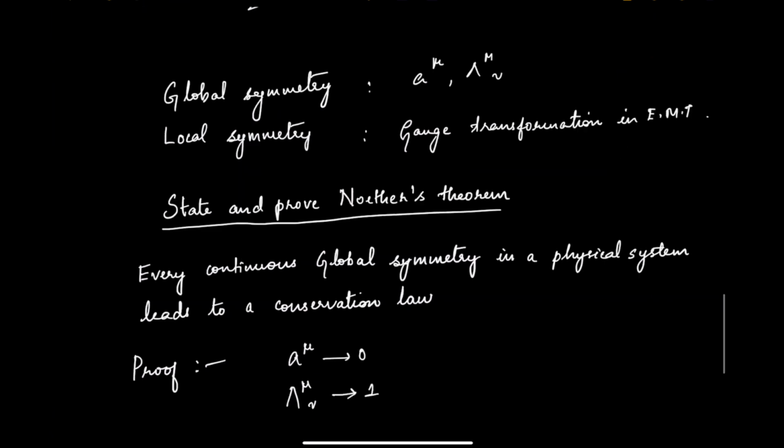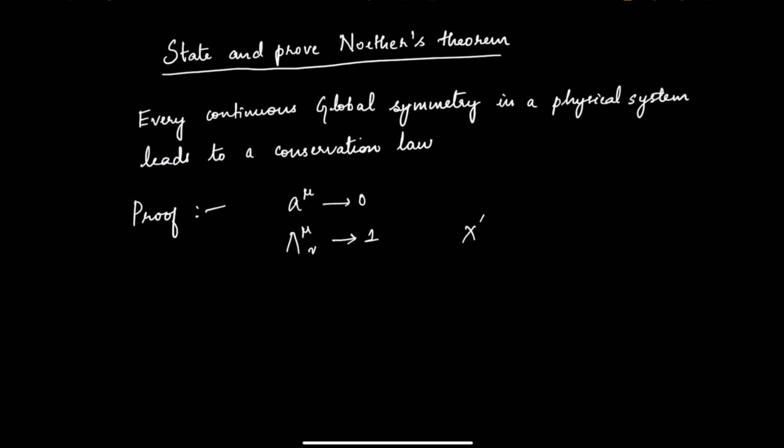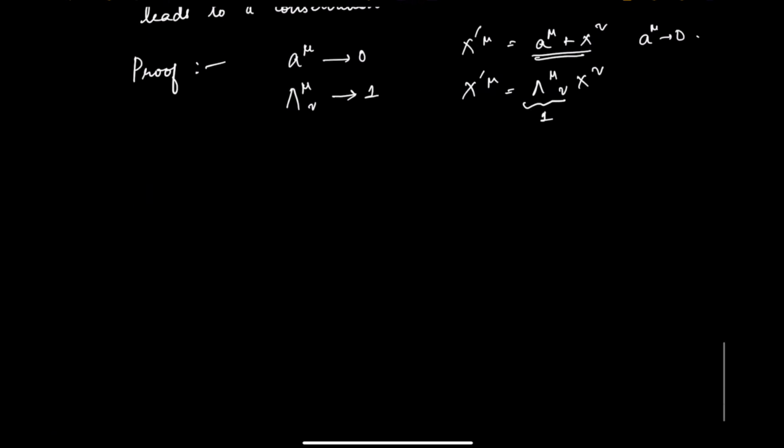Here x'^μ = Λ^μ_ν x^ν, so for an infinitesimal transformation, Λ^μ_ν must be close to 1. And for translation x'^μ = a^μ + x^μ, so a^μ must be close to 0. Infinitesimal transformation means the transformation will be close to nil.